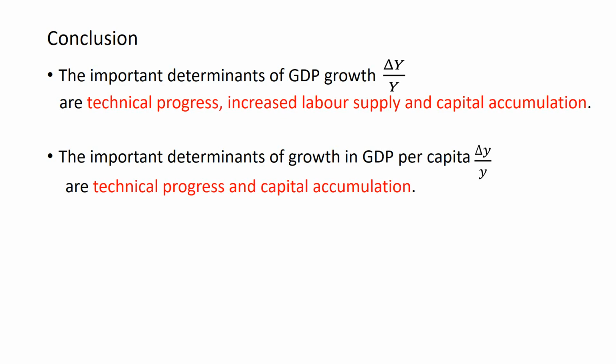And those three things are all key components of the overall growth accounting equation. In terms of the growth in per capita output, or GDP per person, change in little y over y, the important determinants are technological progress and capital accumulation. There, the components of the equation are change in A over A and change in little k over little k.